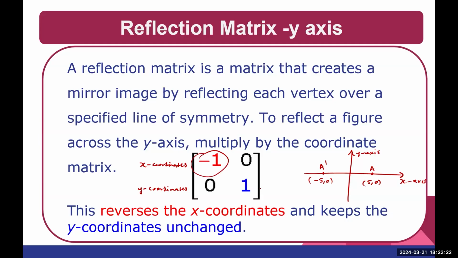So there's a -1 in the x coordinate. Now, this -1 is saying to us that whatever x values we have in our vertex matrix, those x values would change sign. So if we had a -10, it would change to a +10. If we had a 15, it would change to a -15. And what do we have in the y coordinate here? +1. So this is saying whatever is in the y coordinate stays the same.